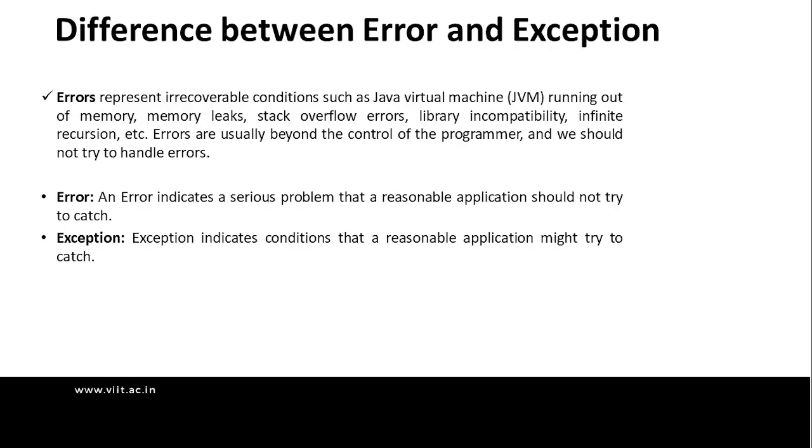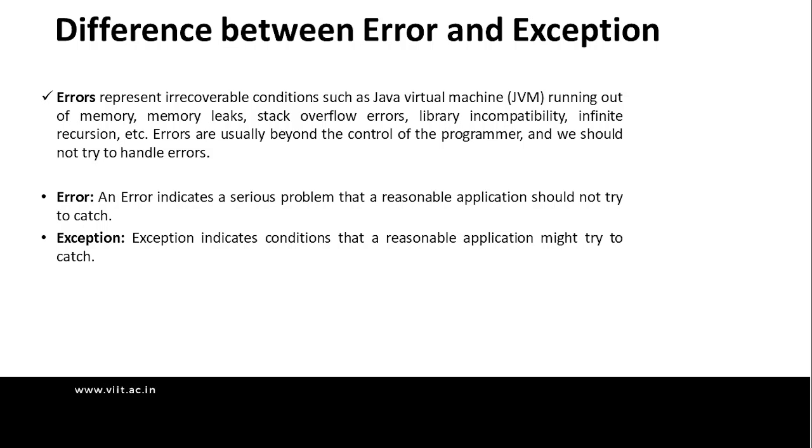So what is the difference between error and exception? Errors represent irrecoverable conditions such as the JVM running out of memory, memory leak, stack overflow errors, library incompatibility, and infinite recursion.